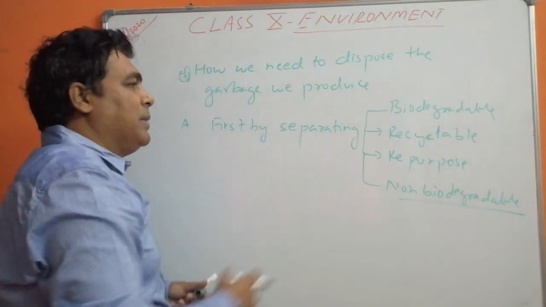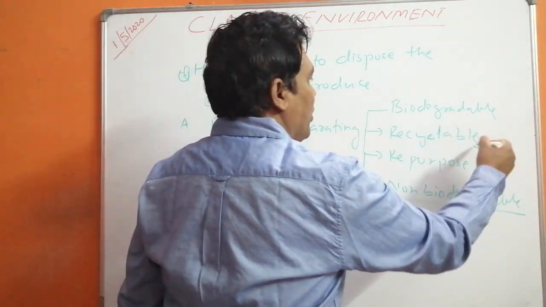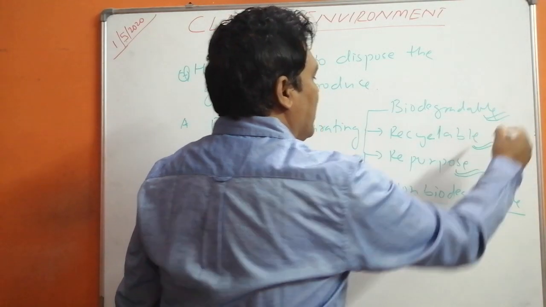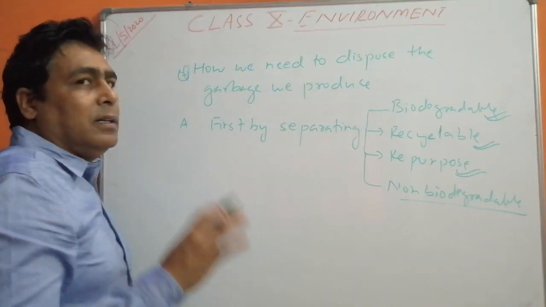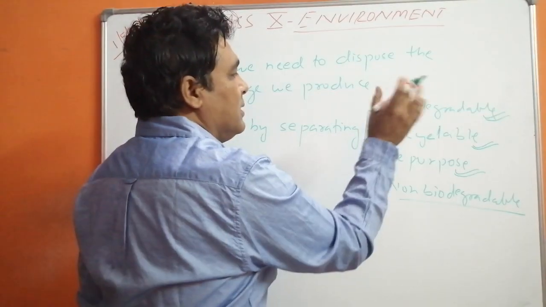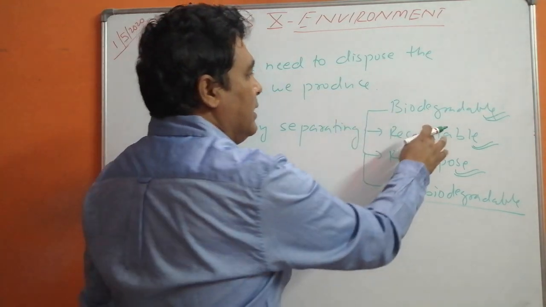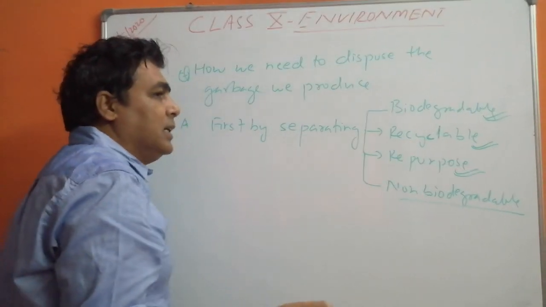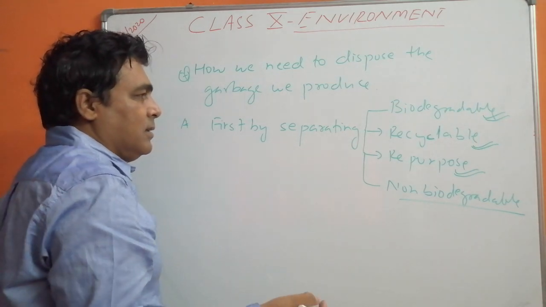We can make separate bins. Some of them can go for recycling, some for repurposing, and some for biodegradable. So this can make manure, this can go for making packets, this can also be used as recycled plastics.